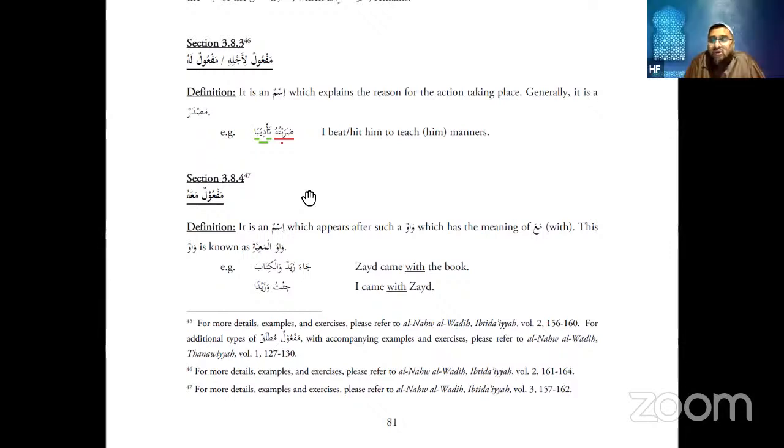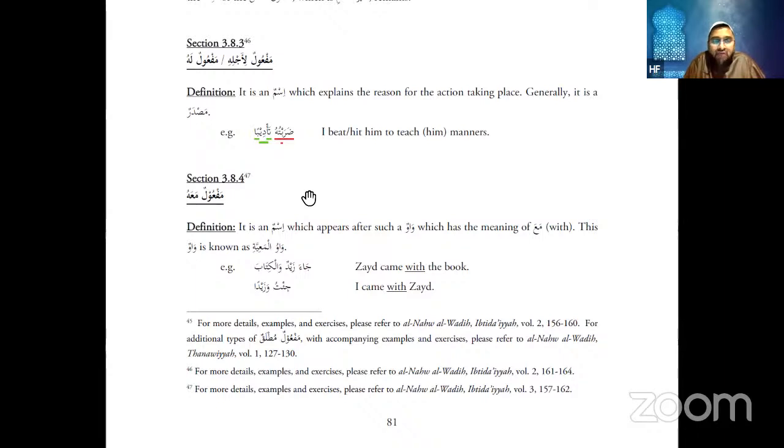So whenever you're not too sure why imlak is coming in the sentence, whether it is maf'ul bihi or maf'ul lahu, just put limada. If it makes sense that poverty is the reason why, then that is the reason why. So this maf'ul li ajlihi is really, really important.